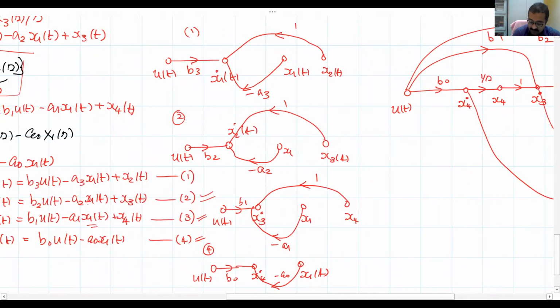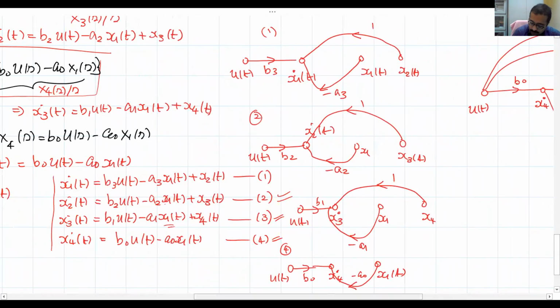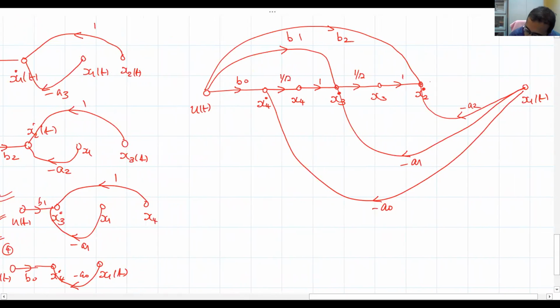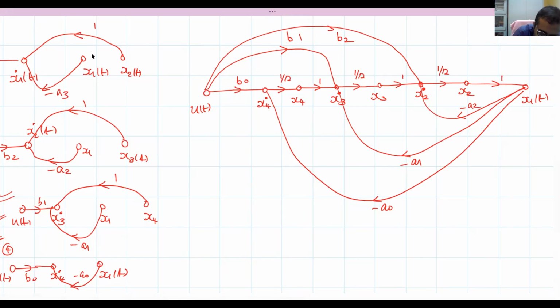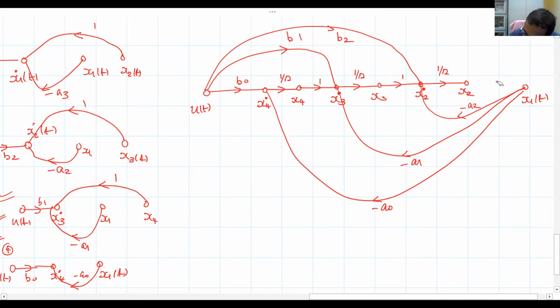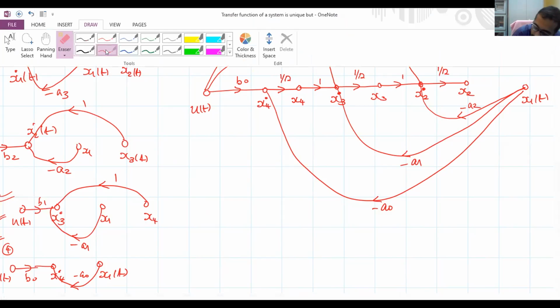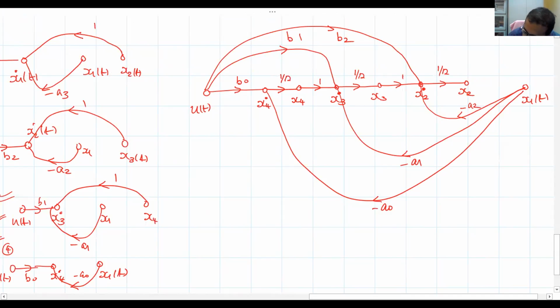Now what next? The first equation. What is that? x1 dot t is x2 plus more terms. So this is x2 dot, which has to be integrated so that we get x2. This is x2, so this must be a gain of 1. This must be x1 dot, and when you integrate, you will get x1.